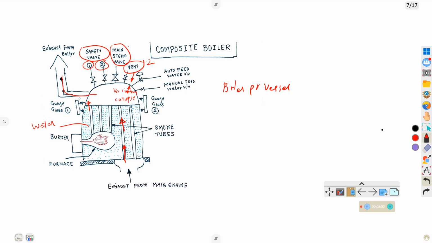How many boiler gauge glasses are there? There are 2 gauge glasses, and 2 safety valves. The most important part in the boiler is the gauge glass.